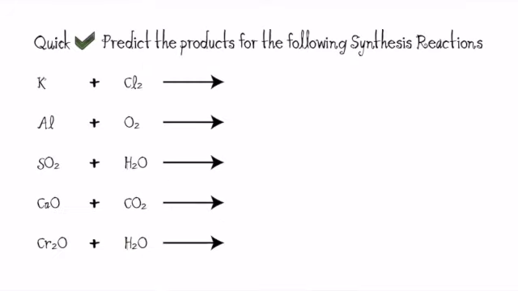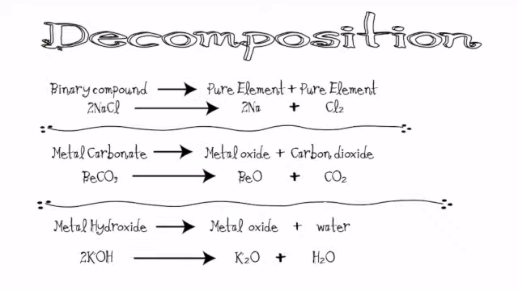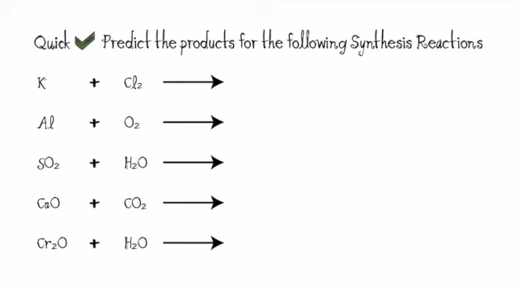So predict the products for the following synthesis reactions. The first one, you have an element plus an element. So this is going to give you a binary ionic compound. The next one, you have aluminum plus oxygen. So our product will be a metal oxide.